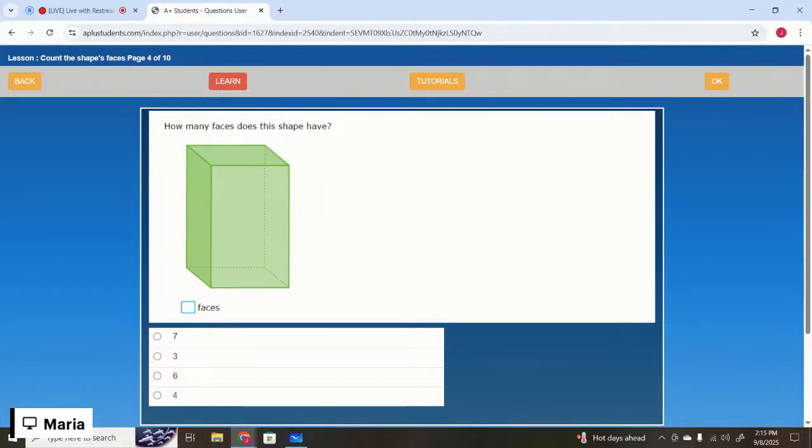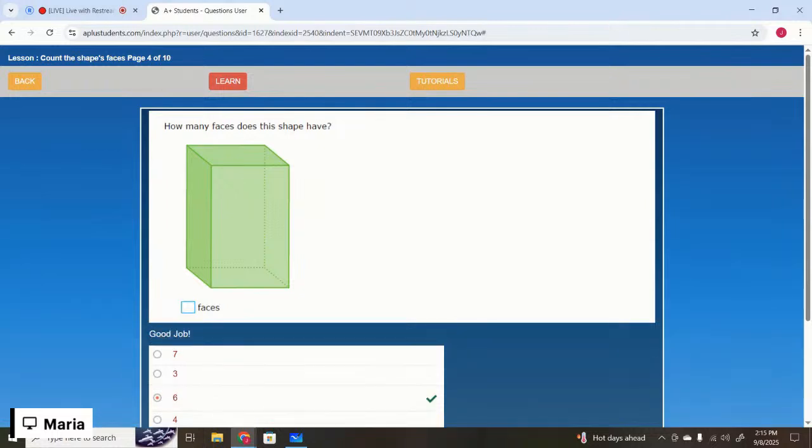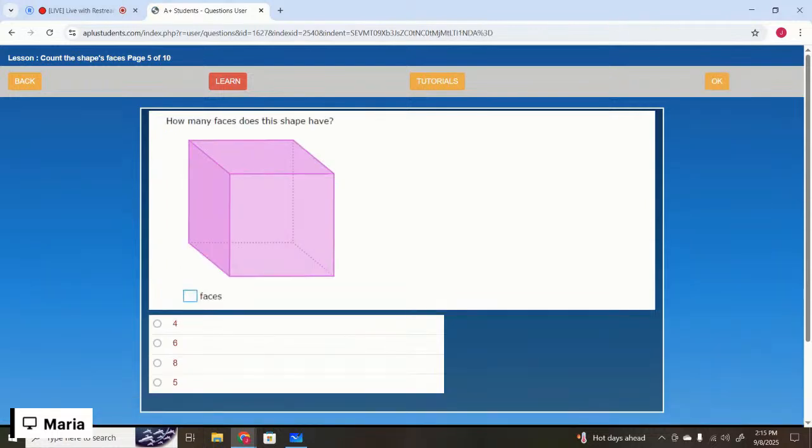Yes, the shape has six faces. Option number three is the correct option. Yes, the shape has six faces. Option number two is the correct option.